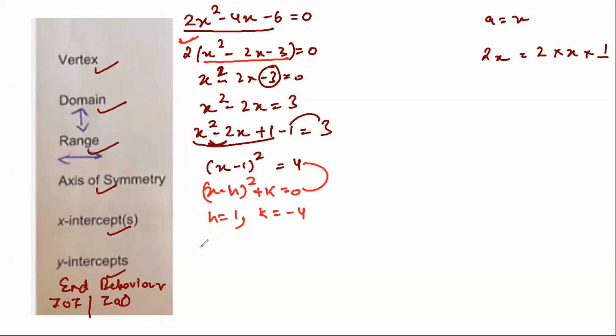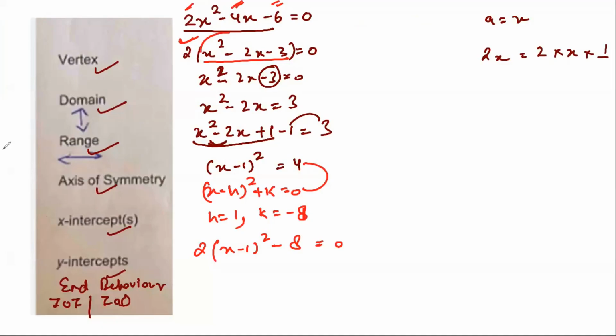When I take this 2 here, it will become like this. So my vertex is h as 1 and k as negative 8, right? K as negative 8. Please remember this, it's very important, because do not forget that you have 2 as the HCF. I have solved this one, so it's very important.